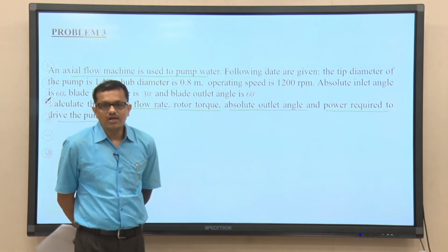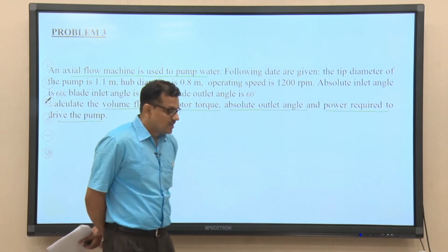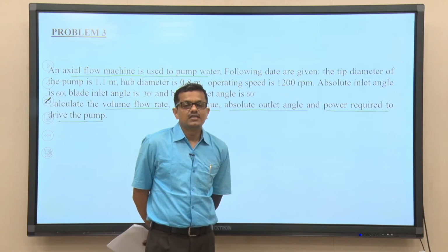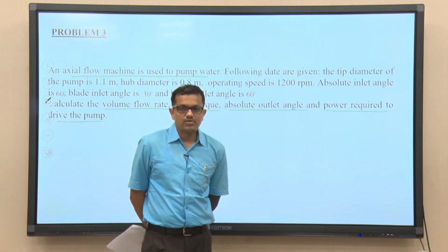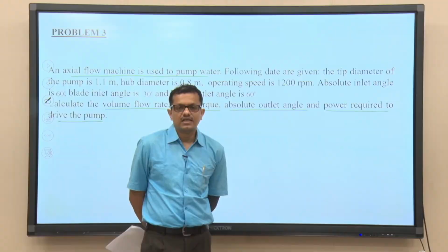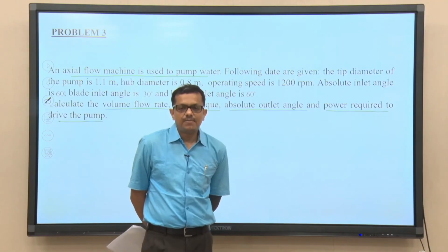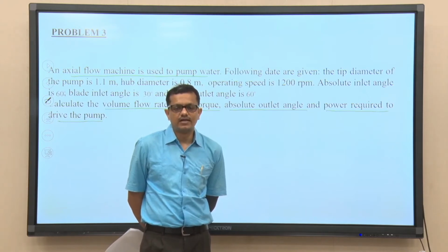If you try to recall, in one of the previous classes we discussed the typical applications of different types of pumps. We discussed that axial flow pumps are used in applications where we need higher flow rate against a low head.